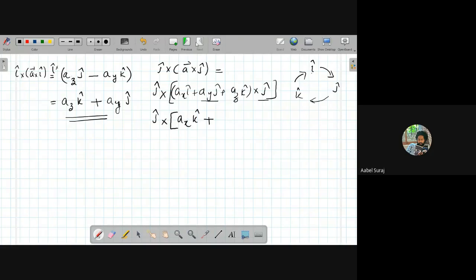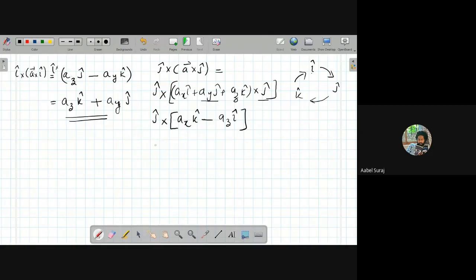There will be a minus, so minus minus gives az into i cap.